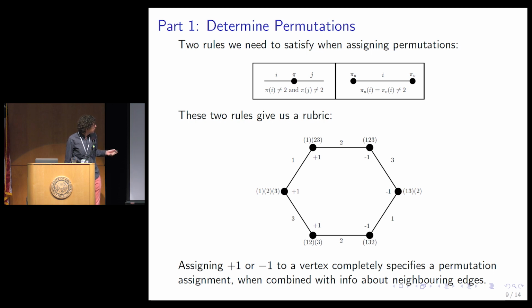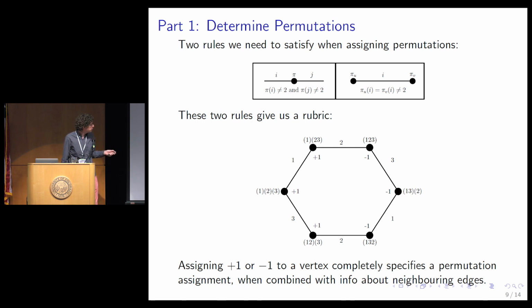So, for example, if I take a vertex here and it's connected to edges labeled by 1 and 2, there are 2 possible permutations I could apply to it. But this choice is fixed by what my neighbors are, by applying this rule. And so that gives me a kind of rubric or instruction set for how to solve this problem.